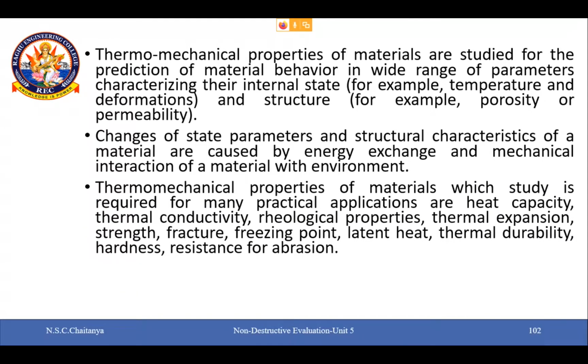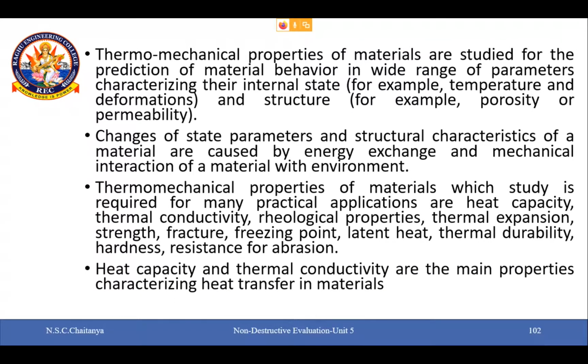Thermomechanical properties study is required for many practical applications like heat capacity, thermal conductivity, rheological properties, thermal expansion, strength. All these have to be studied for finding out the thermomechanical properties.